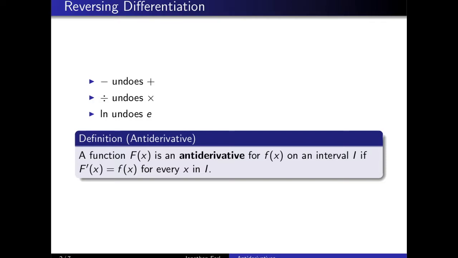But there's one kind of key and also unfortunate word in here, and it's "an." F of x is an antiderivative. If we were doing this with addition, and we had a number x, we would say that, I don't know, y is an anti-addition or something, an anti-additive, something like that.